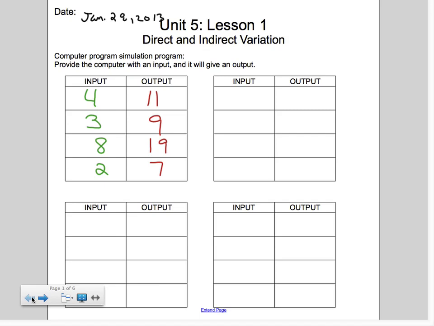Okay, let's try another example. Here we have another computer program. Who wants to give an input? Between 0 and 10 again. Brian. 5.